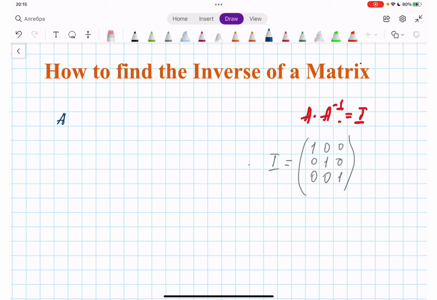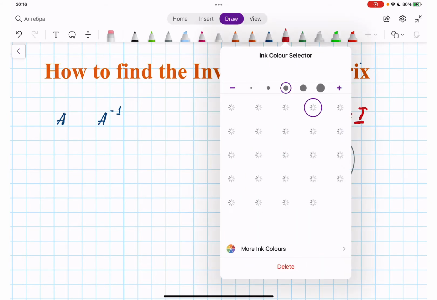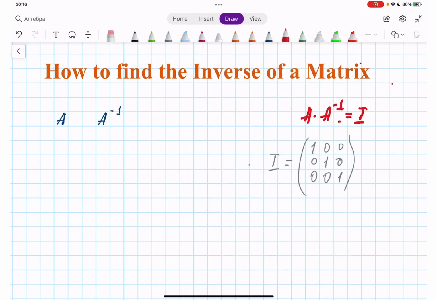The inverse of this matrix is going to be A to the power negative 1. We already know that. And the inverse matrix A to the power negative 1 we can find by using the following formula.